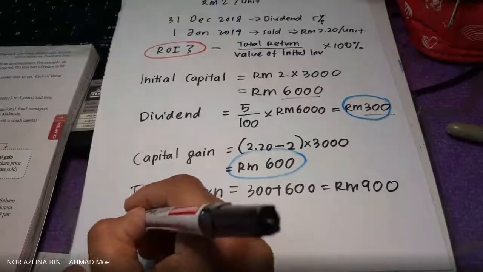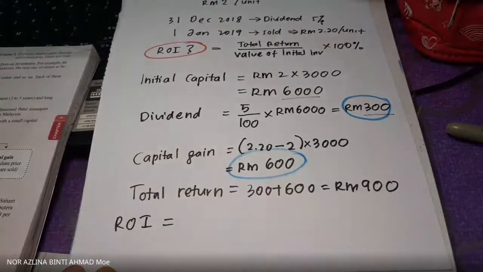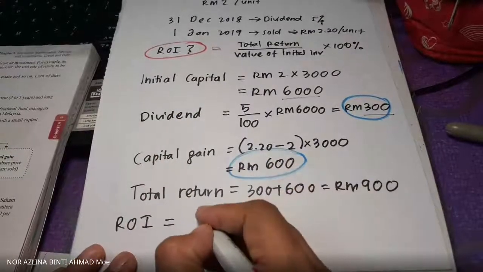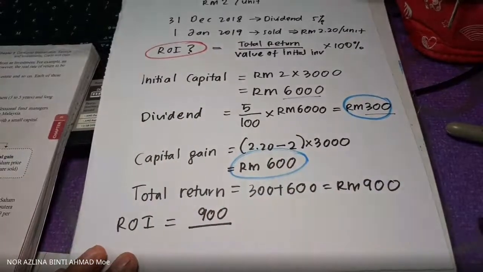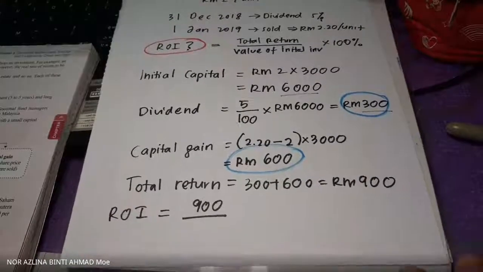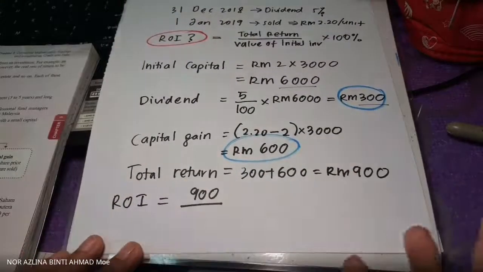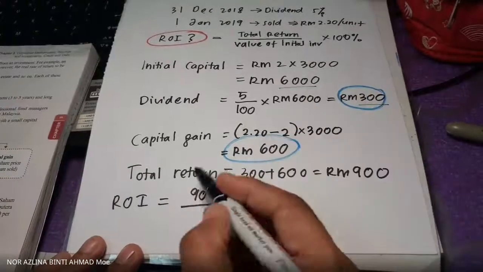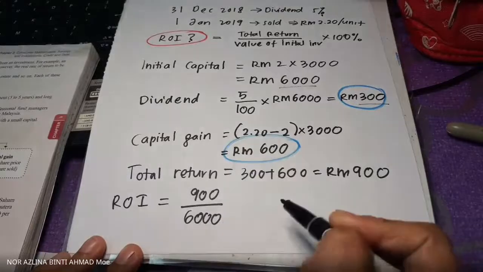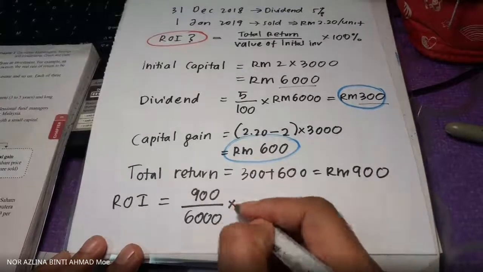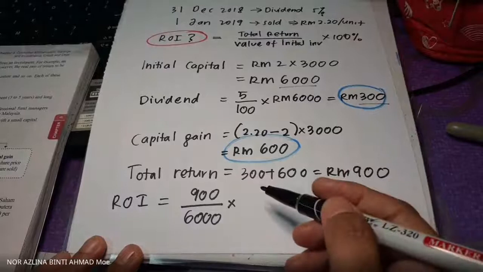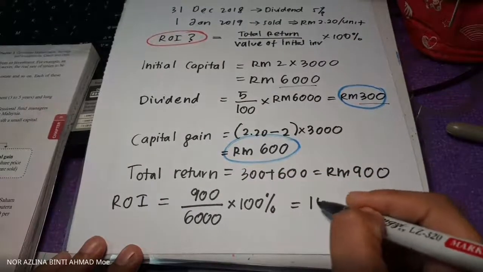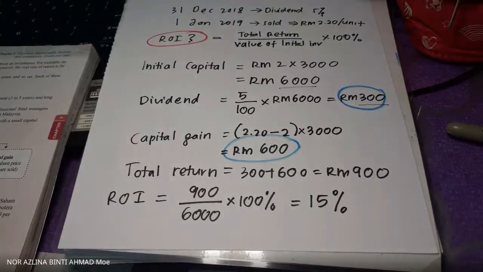So ROI, return on investment, the formula is total return, so 900 over value of initial investment. Awal tahun pertama dia laburkan berapa? RM6,000. Okay? Sebab dia beli RM6,000 saham tu, share tu. So darab dengan 100%. So the ROI is 15%.